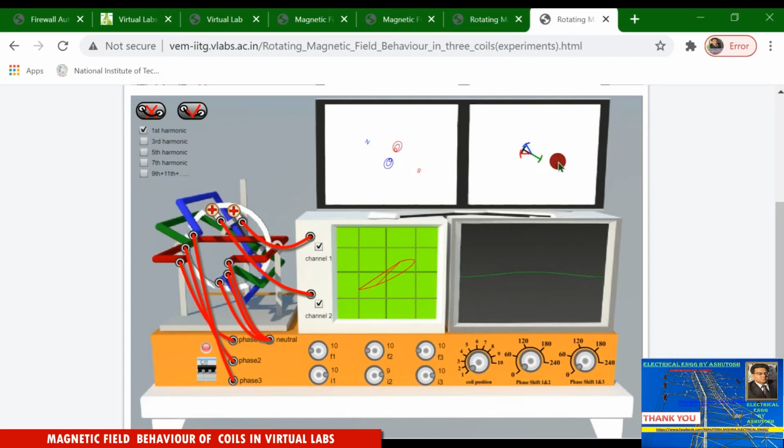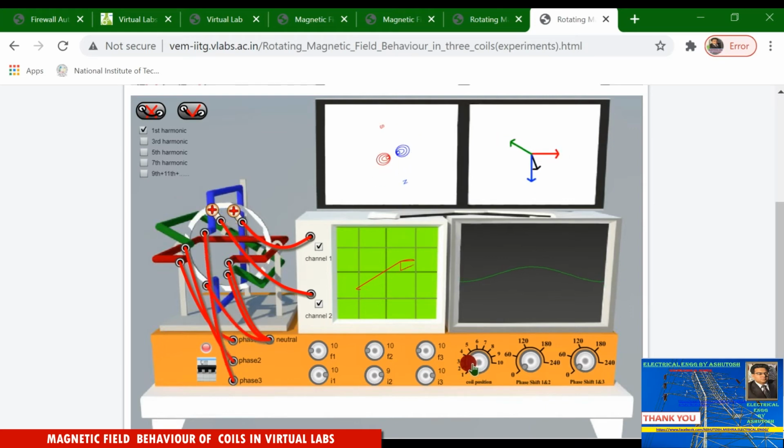This is the vector formation, and these are the magnetic lines of force. The magnetic poles are created like this, and currently it is a static, pulsating field. It is not rotating, but you can produce a rotating field by changing coil positions.